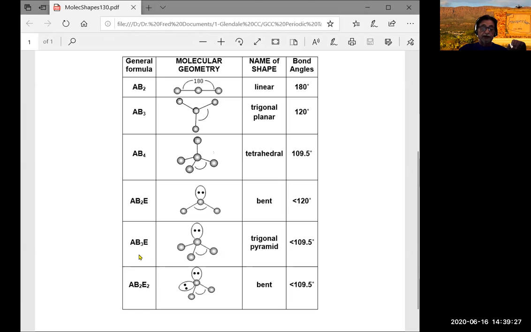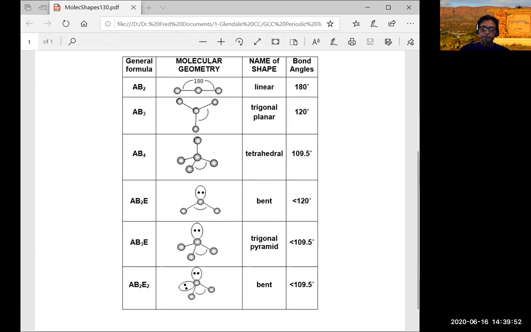Oh, excuse me. Second to the last entry is AB3E. That's called trigonal pyramid. There's a lone pair. Because the lone pair takes up space, there's 2 electrons. That bond angle gets squished in. So that bond angle is much less than the standard 109.5. Okay. All right. That's good.